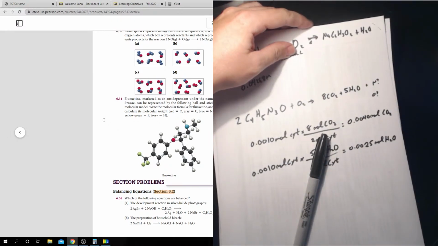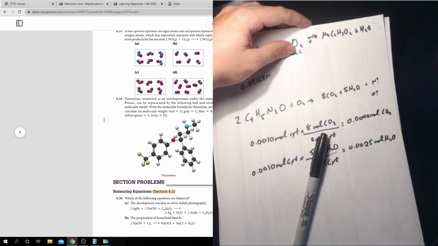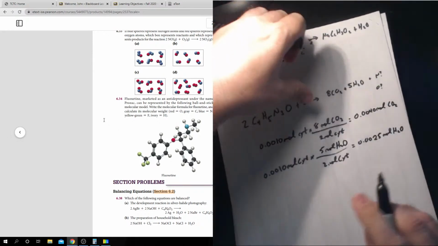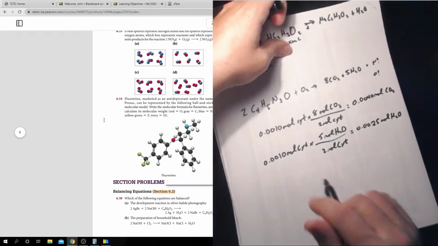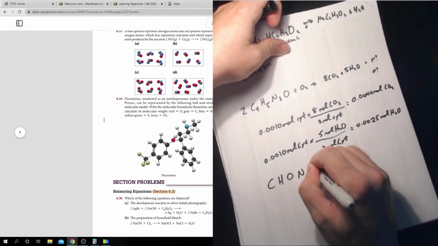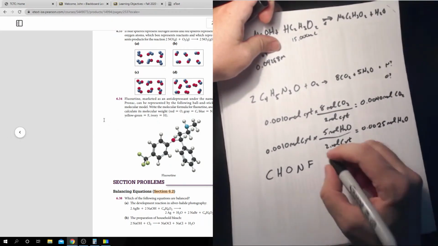All right, 34. Fluoxetine, marketed as an antidepressant under the name Prozac, can be represented by the following ball and stick molecular model. Write the molecular formula and calculate its molecular weight. Oof, that's a big one. Okay, so we have carbon, oxygen, nitrogen, fluorine, and hydrogen. So CHONF. All right, so I see 3 fluorines.